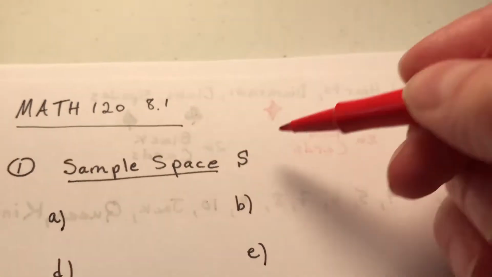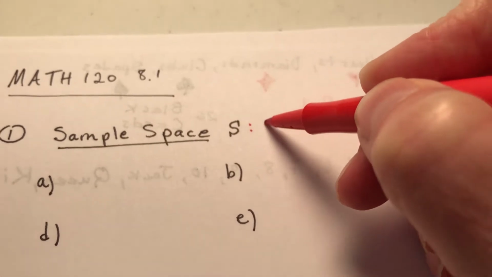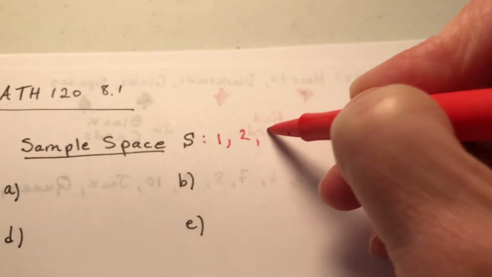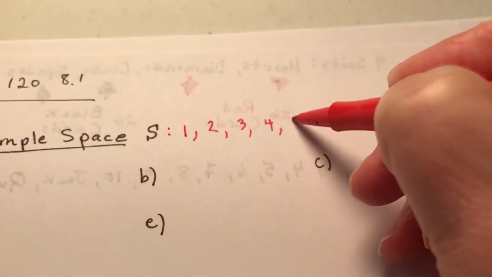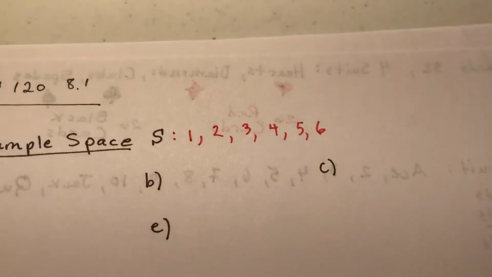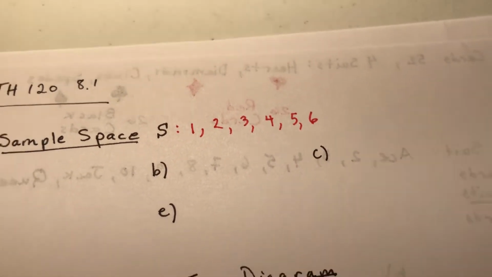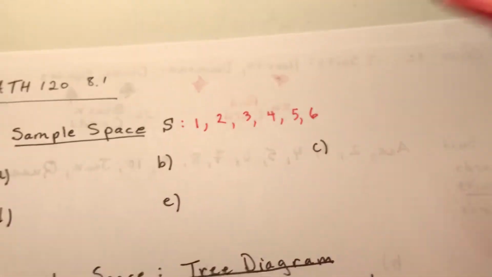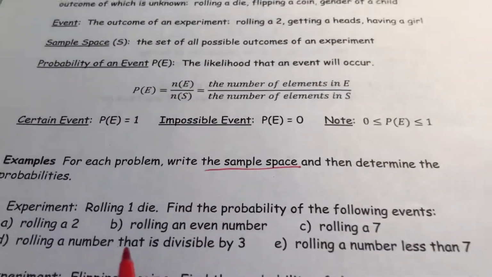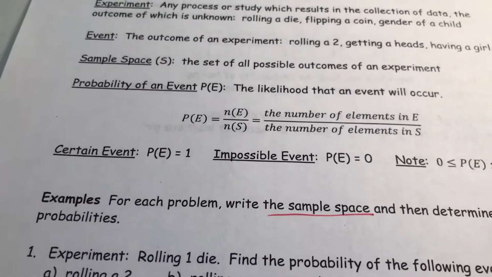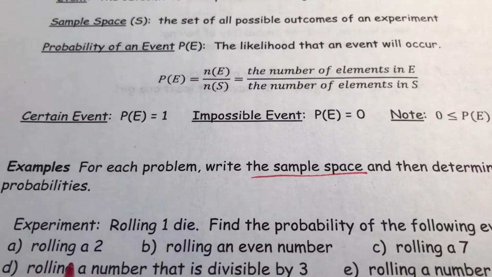The sample space of rolling a die would be: you can get a 1, a 2, a 3, a 4, a 5, or a 6. And that's the sample space, just the numbers 1 through 6. Now, how many are in there? 6. Okay. Number 1A says, find the probability of rolling a 2.